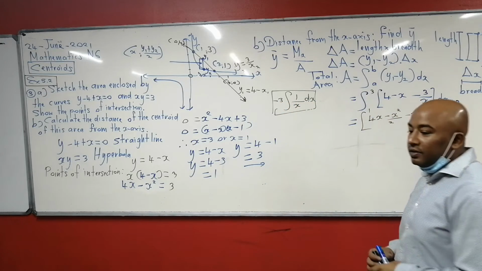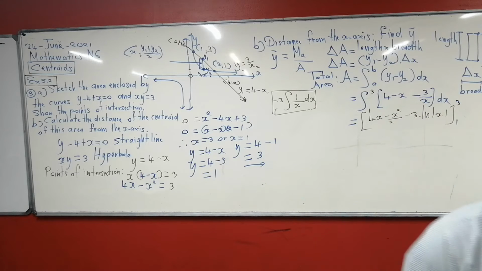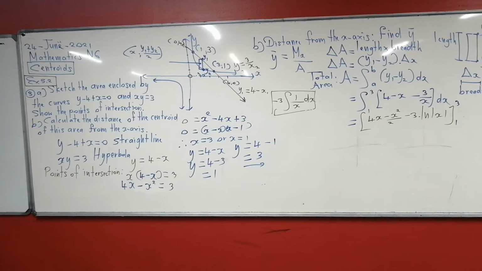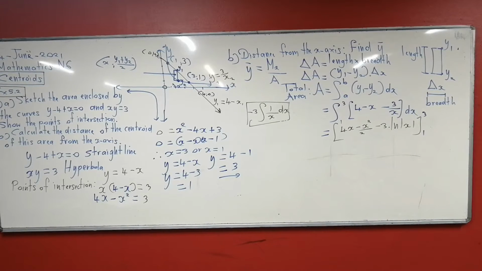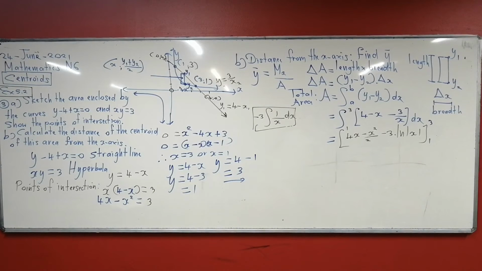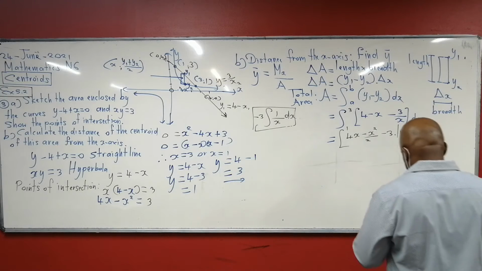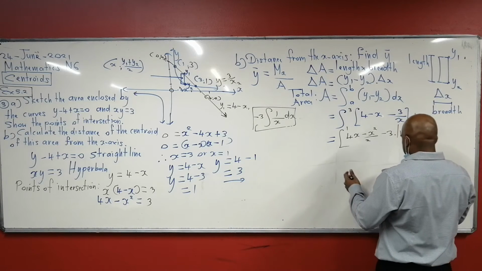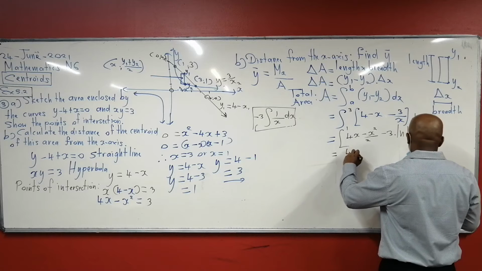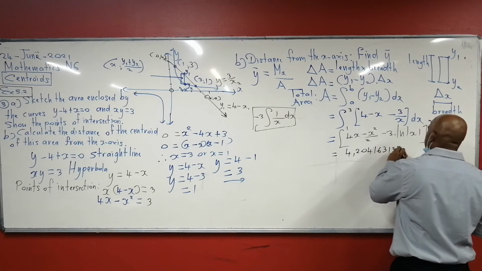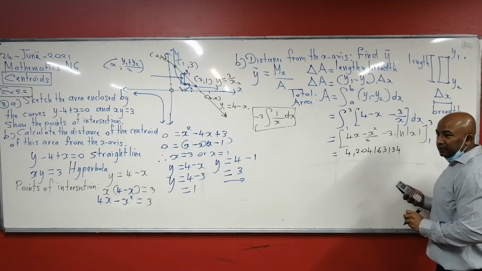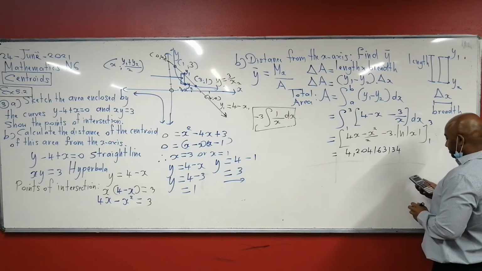Right. So now take out your calculator and let's see what we get. Alright, so substitute 3, we get 4.204163134. Did you get that? Can you substitute 3?